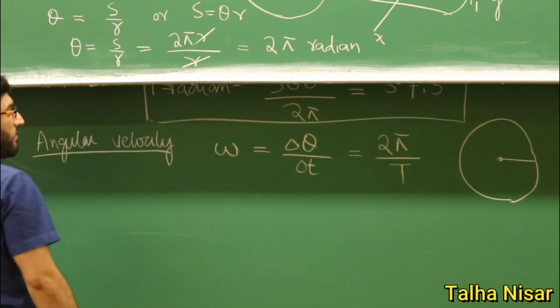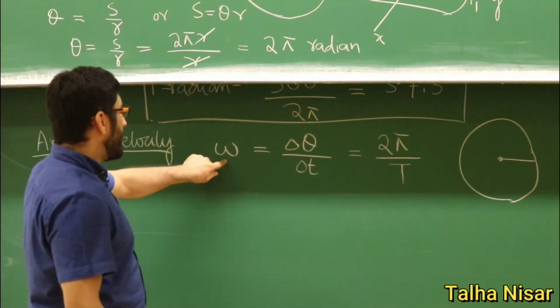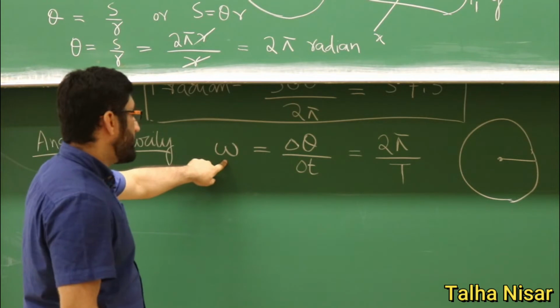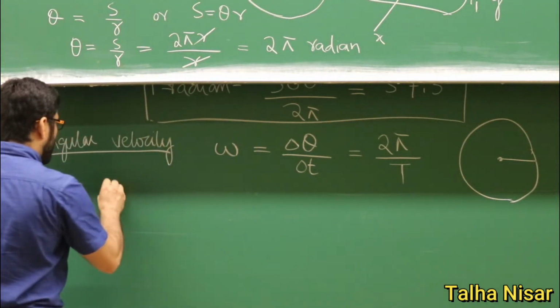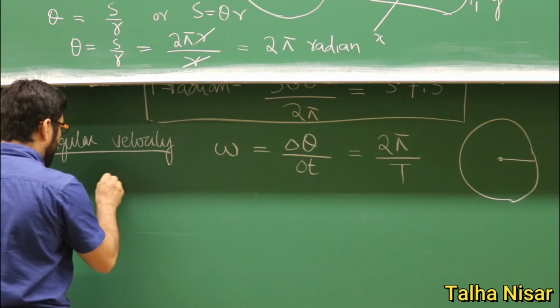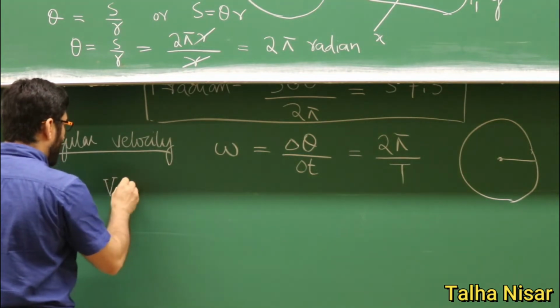Now we want to know the relation between the angular speed or angular velocity and the linear velocity. We know that the linear velocity was represented by the simple v.